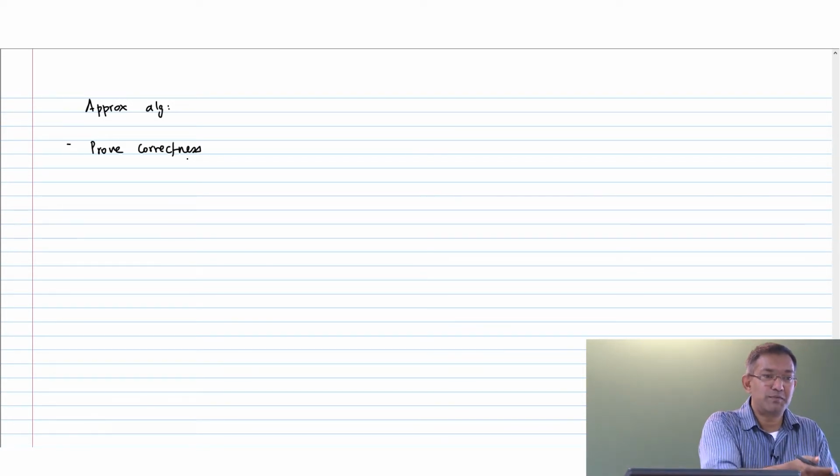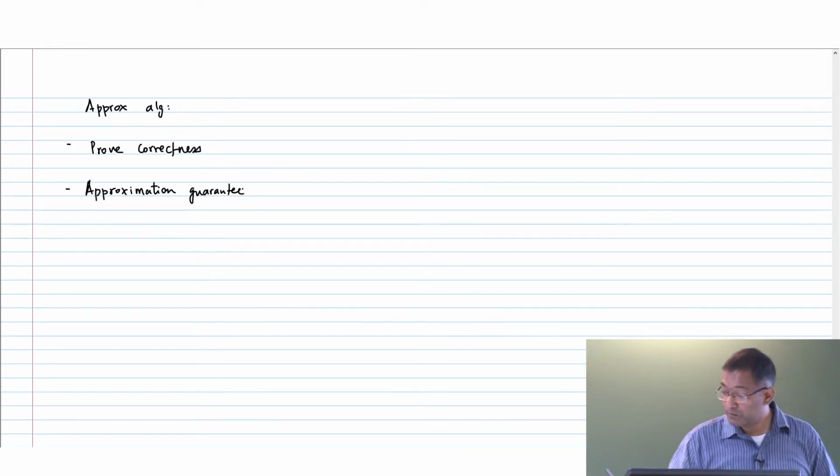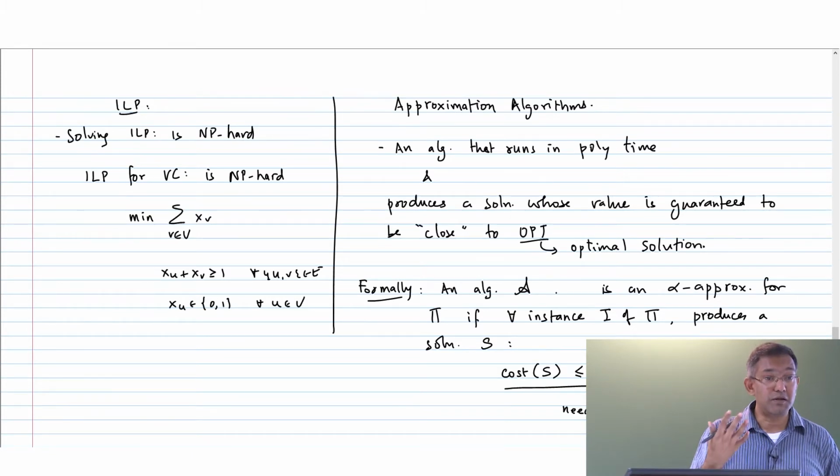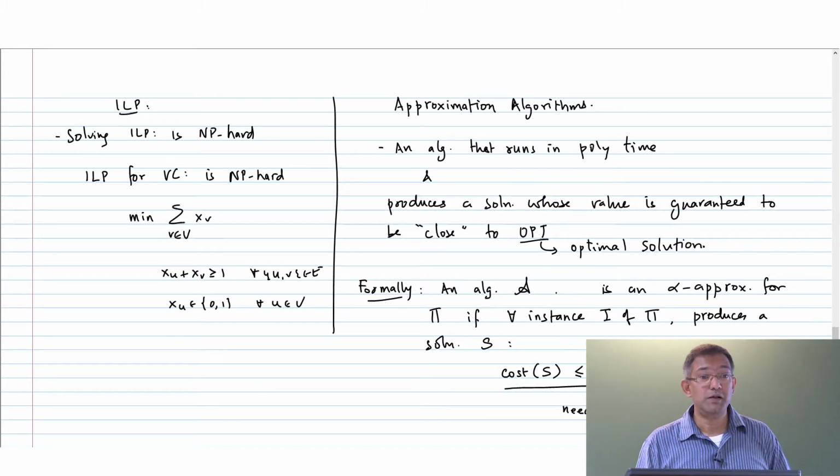It is not going to produce some subset of vertices that is not a vertex cover. Okay? And then you want to prove the approximation guarantee, right. You want to prove this condition that the cost of the solution is no more than alpha times the optimal solution.